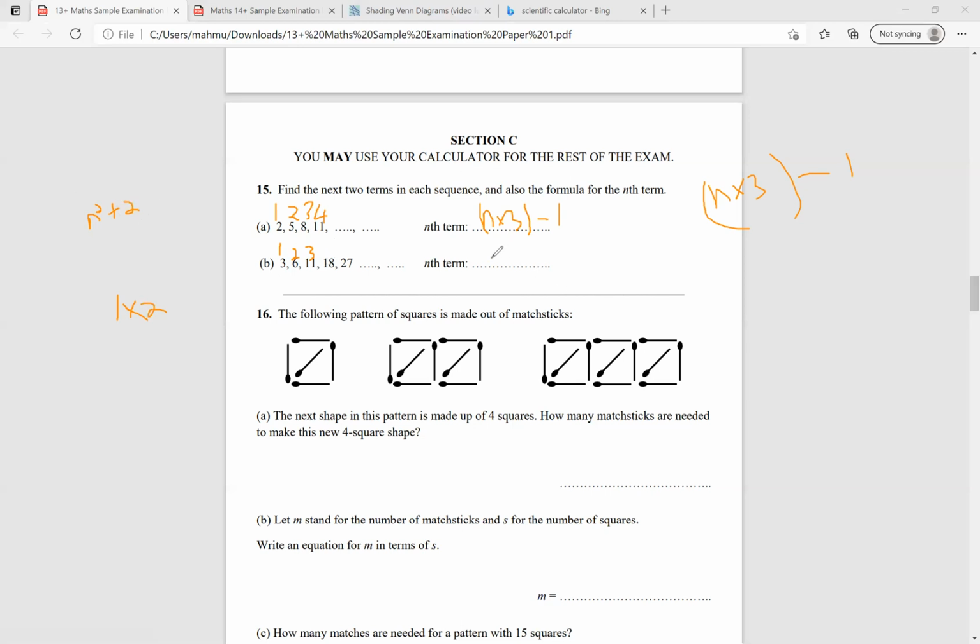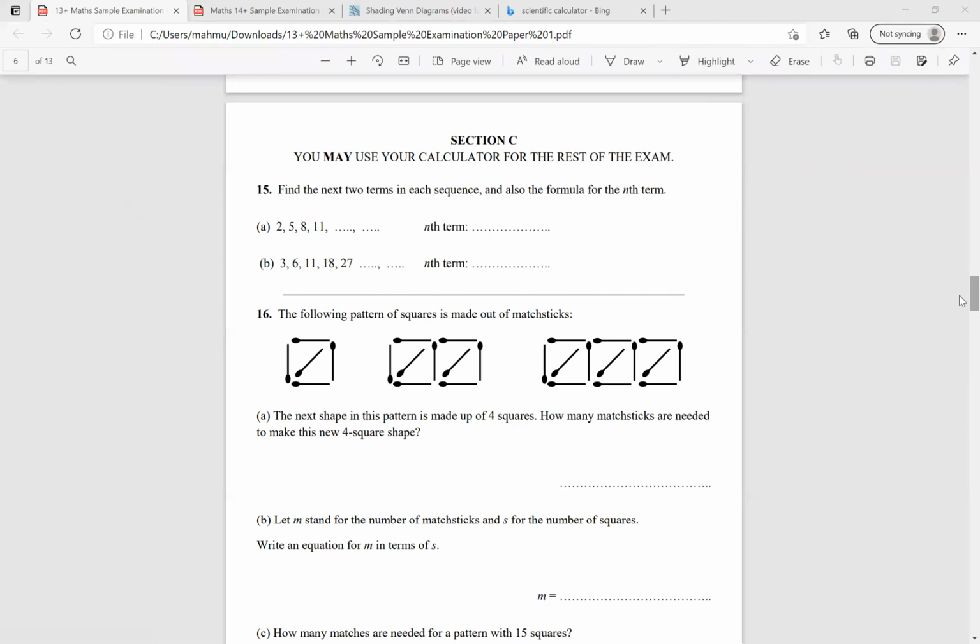So the answer here is n squared plus 2. Did that make sense? So for the 5th term, 5 squared is 25 plus 2 is 27. Is that clear? Yeah. Okay, and that's it.